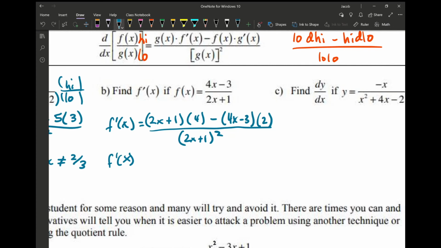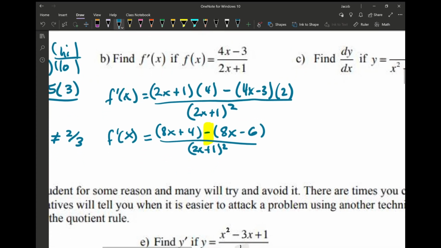So that means we can simplify this now that we have our derivative. So I'll just distribute that 4, 8x plus 4 minus, keeping my parentheses because that minus could really mess us up when we simplify, minus 8x minus 6 all over 2x plus 1 squared. Don't multiply that out.